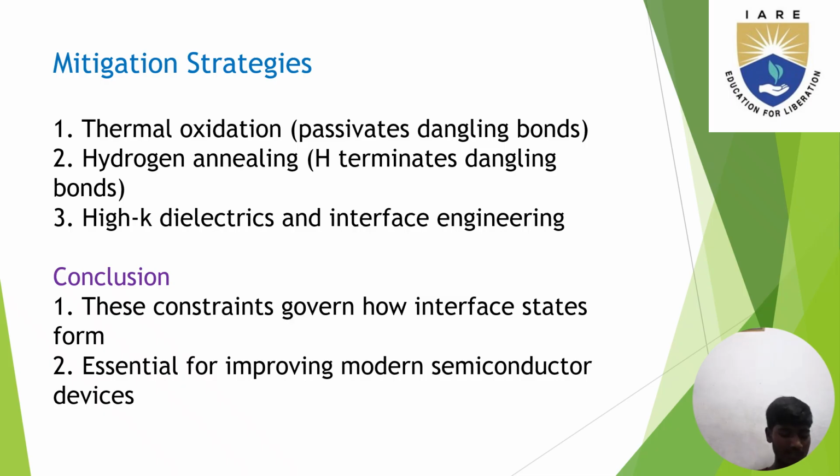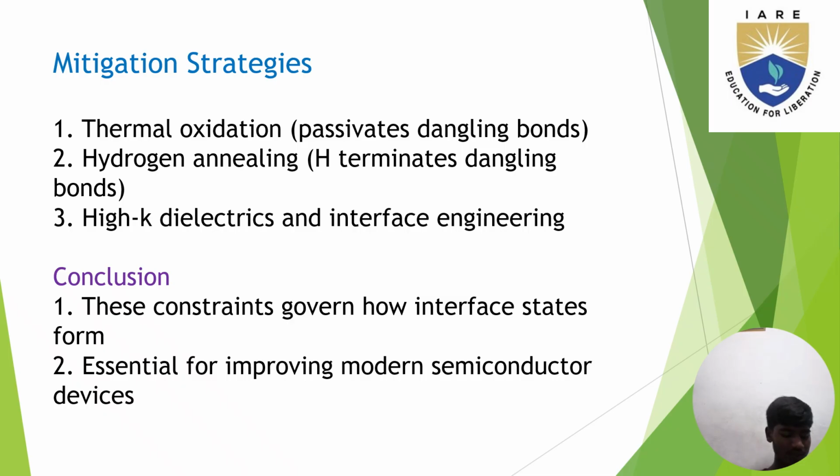At an interface, the crystal's periodic arrangement is broken, leaving some surface silicon atoms with only three bonding partners. The remaining sp3 orbital with its unpaired electron becomes a highly reactive dangling bond.